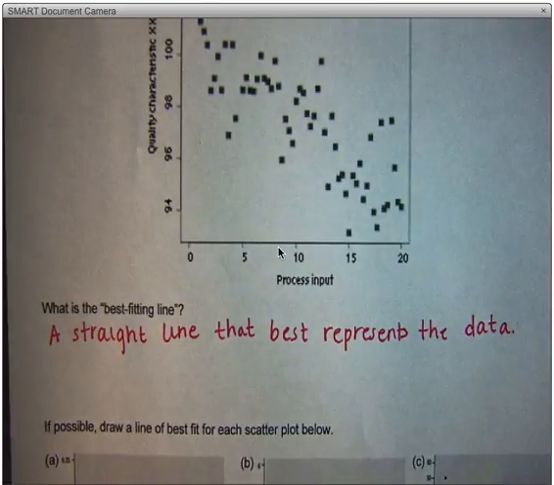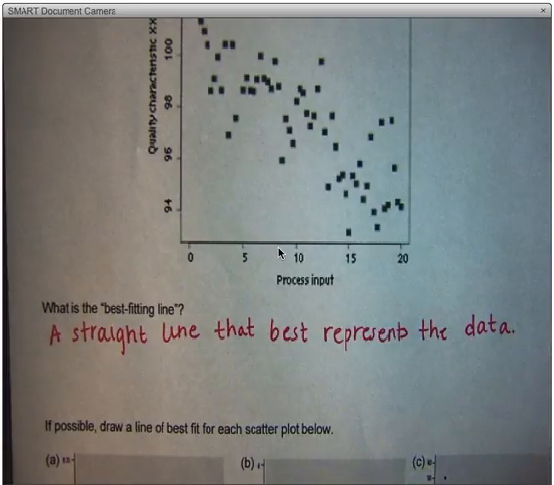So given a graph, since the points are scattered all over the place, you're going to try to draw a line through all of the points so that roughly half the points are above and half the points are below that line. Okay, if the data is too scattered, sometimes a line of best fit is not possible, so there would be no such line.